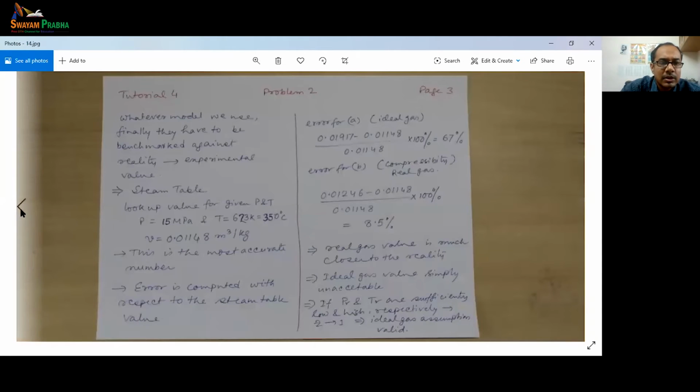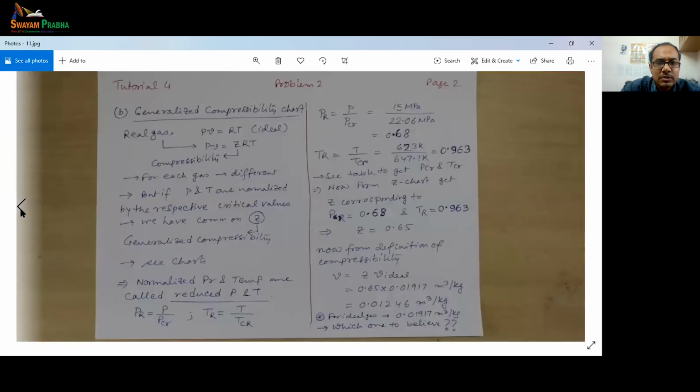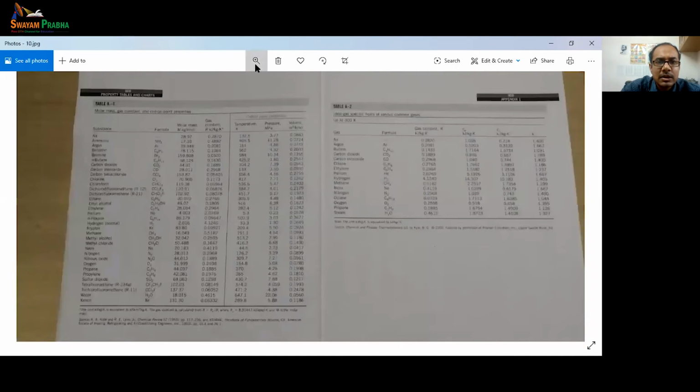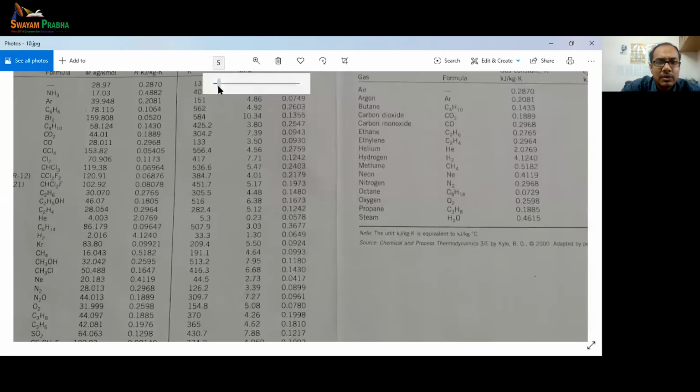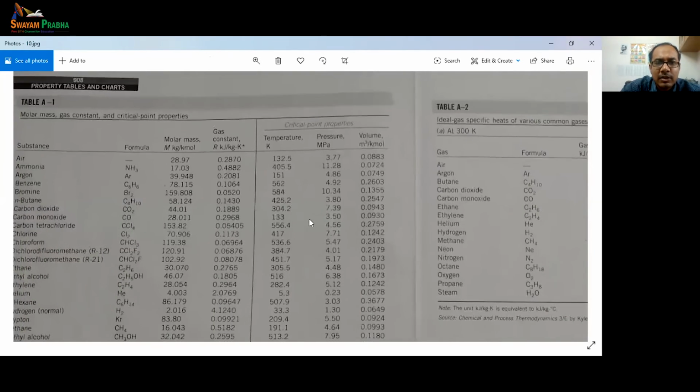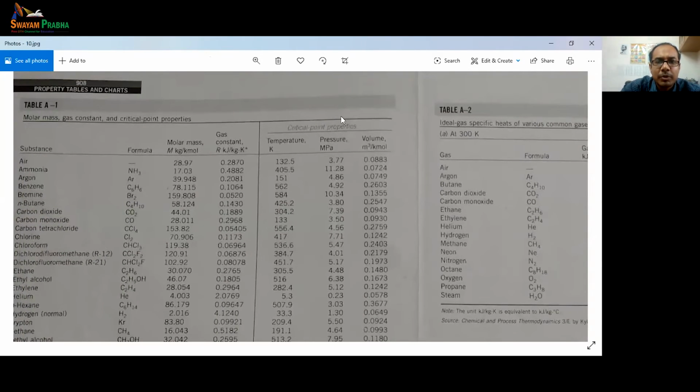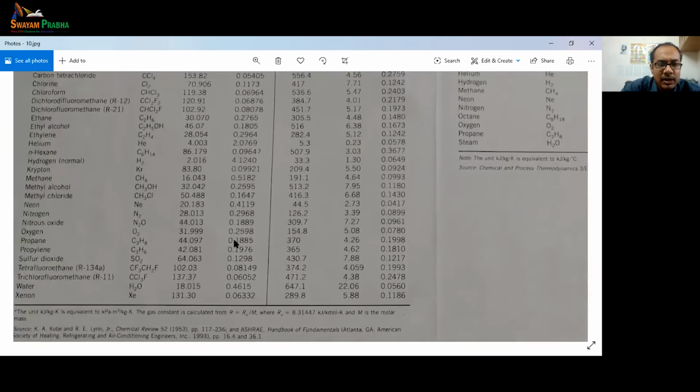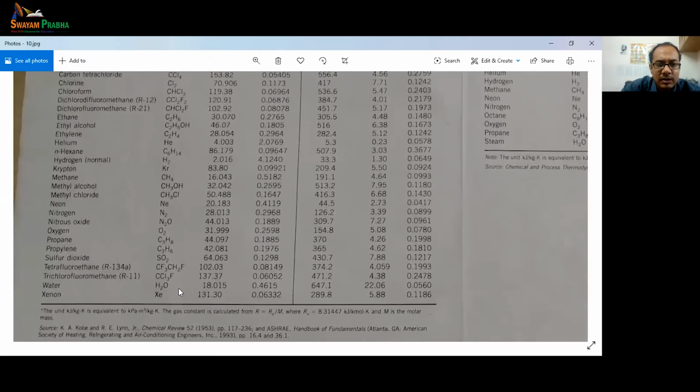Not here, let me show this here. This is the chart that we have. On the right hand side, you can see these critical point properties are listed. We need it for water, so this is the water row. The pressure is 22.06 MPa and the temperature is 647.1 Kelvin.